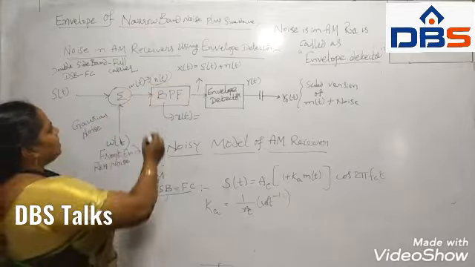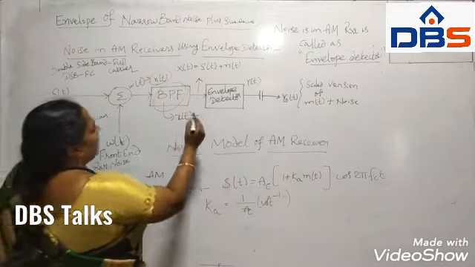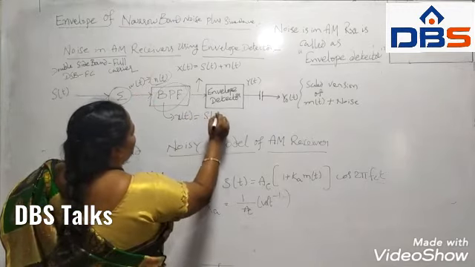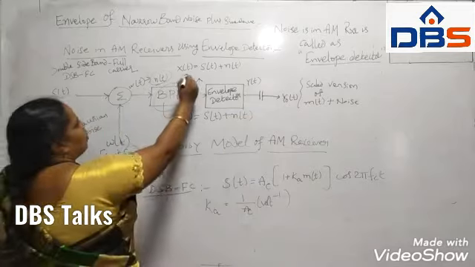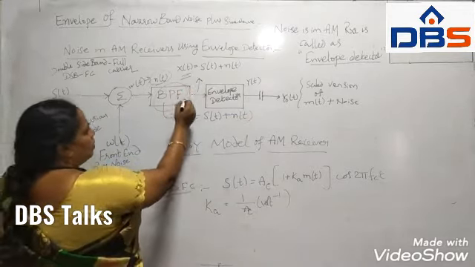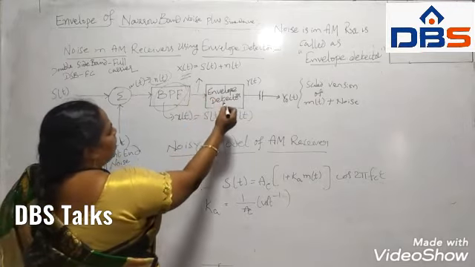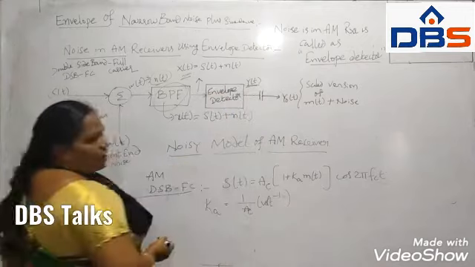So X of t is equal to S of t plus N of t, and this X of t is the output. The band pass filter output is connected to the envelope detector, and here we get Y of t.